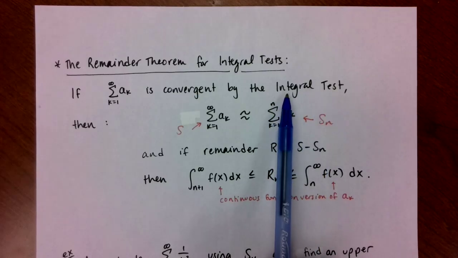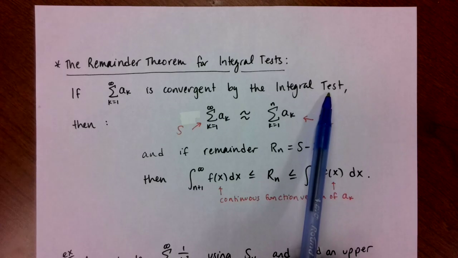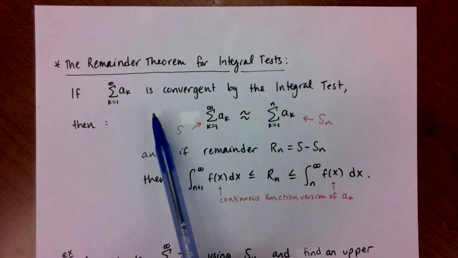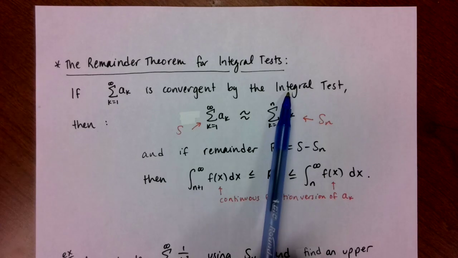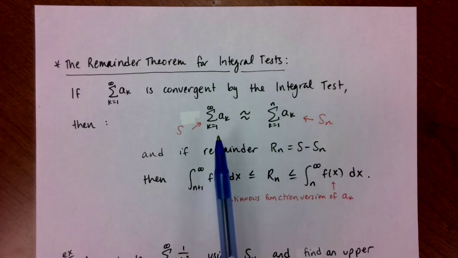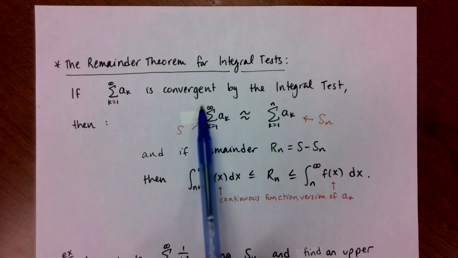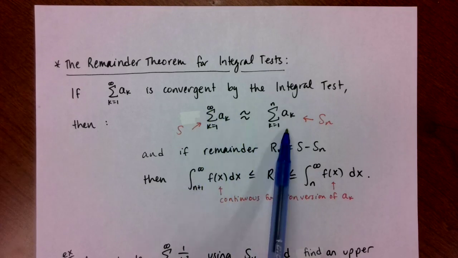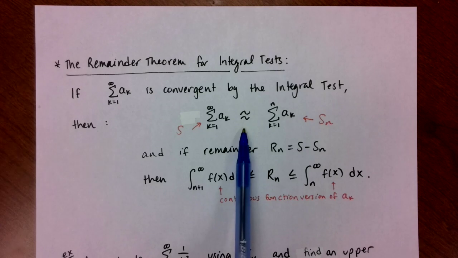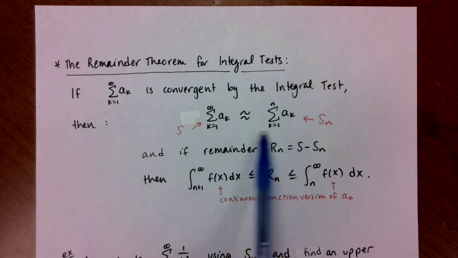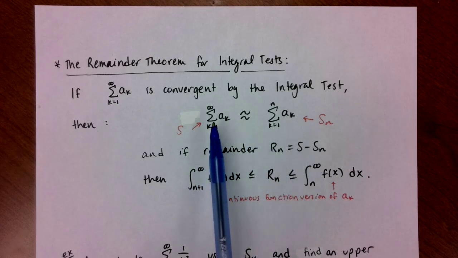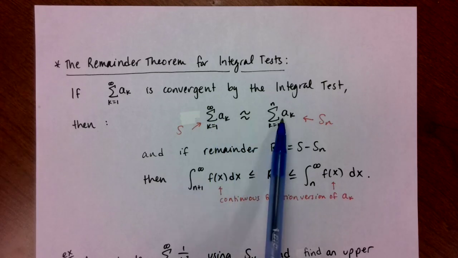So positive and continuous. Okay, so if it's convergent and you can show it using the integral test, then the first line here says you can approximate the total sum with a partial sum. And this has nothing to do with the integral test. This is true for any convergent series. You can approximate the full sum with a partial sum.